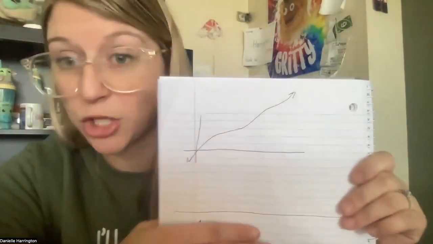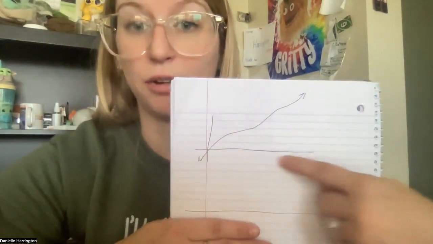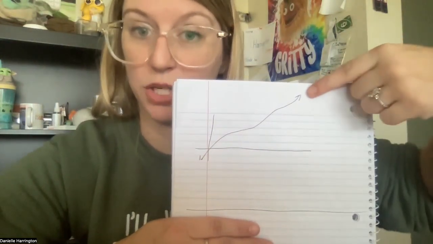But in AP Pre-Calc, what we are going to be doing is switching our vocabulary. So instead of saying x, we're going to say input. Instead of saying y, we're going to say output. So as our inputs change, our outputs change. And how do they change? Well, one of two things can happen. It can either be an increasing function, where as the input values increase, my output values increase.